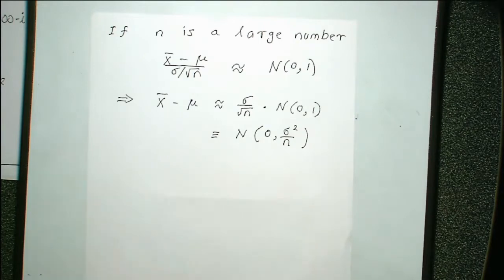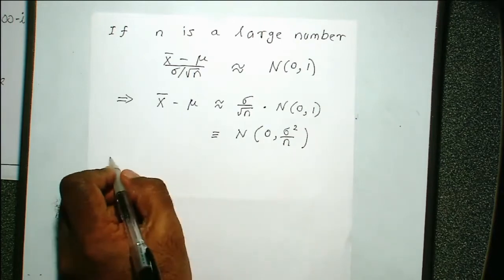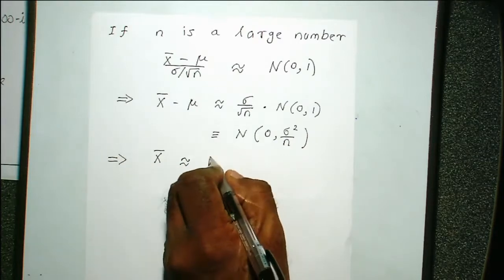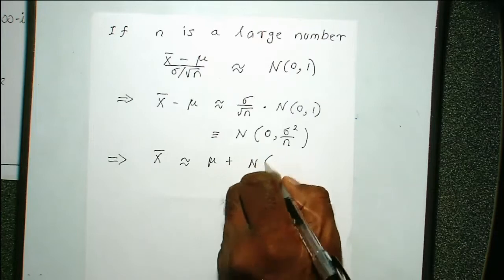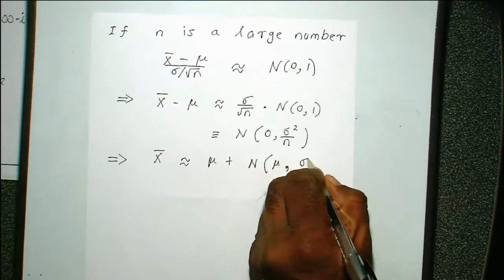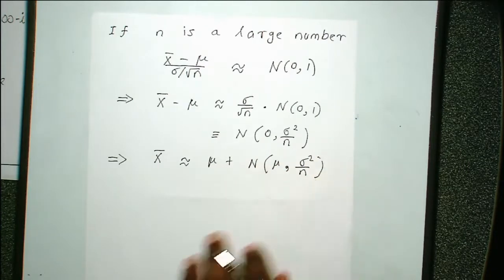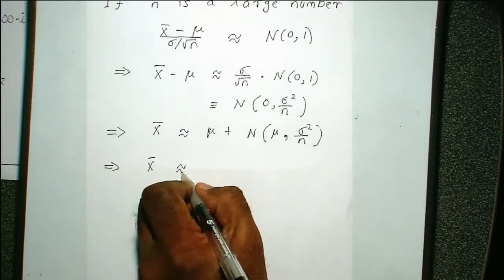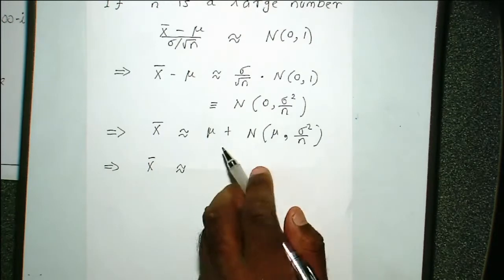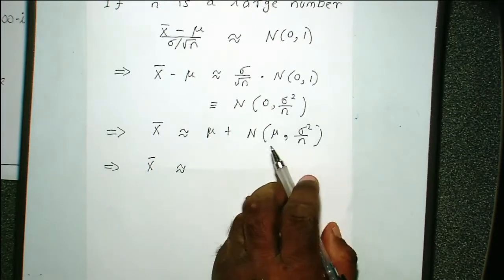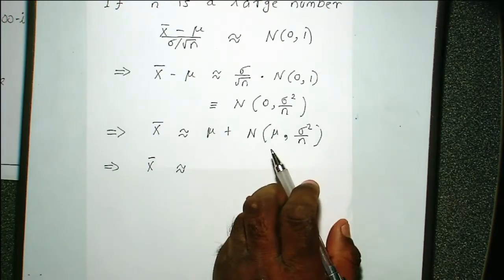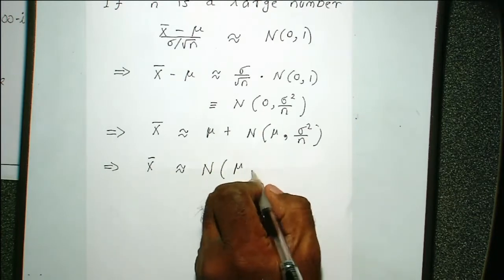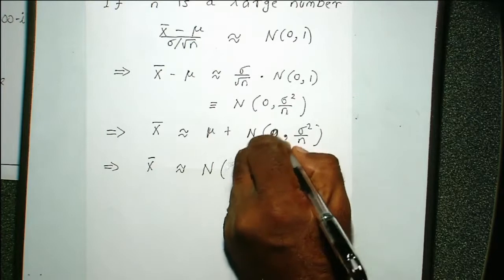This is stuff we did last week or the week before. So this implies that X bar has an approximate distribution which is mu plus that. If you add a constant to a random variable, the variance doesn't change but the mean does, so this would become a normal.